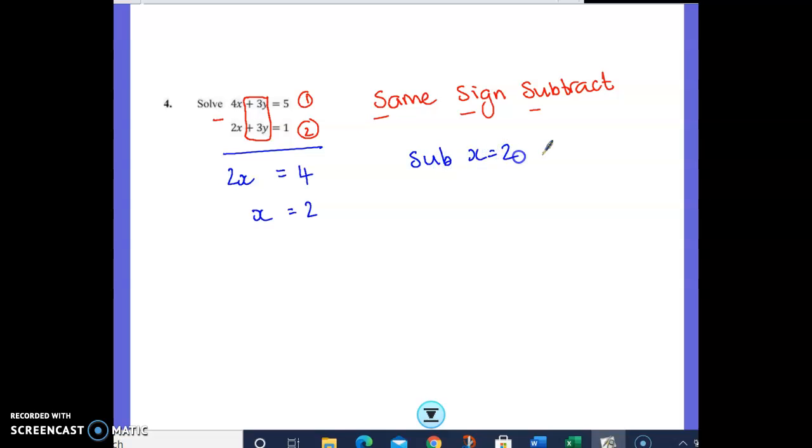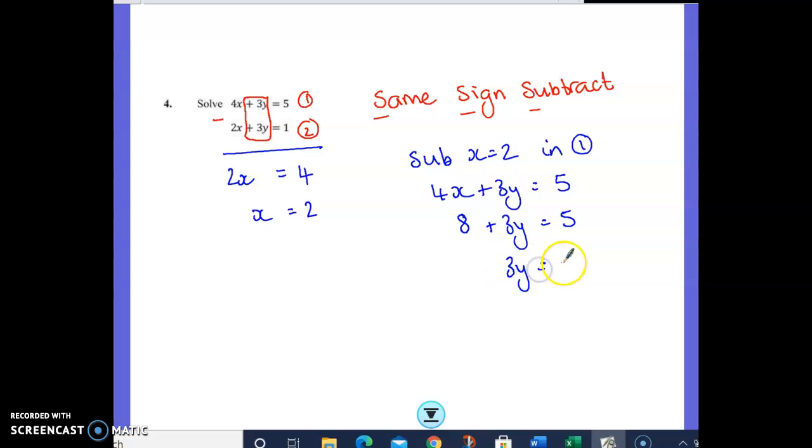Sub x equals 2 into 1. 4x plus 3y equals 5. 4x means 4 times x. x is 2, 4 lots of 2 are 8. Plus 3y is 5. So 3y is 5 minus 8, which is minus 3. So y is minus 1.